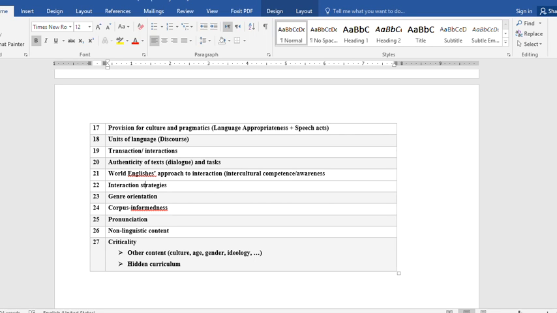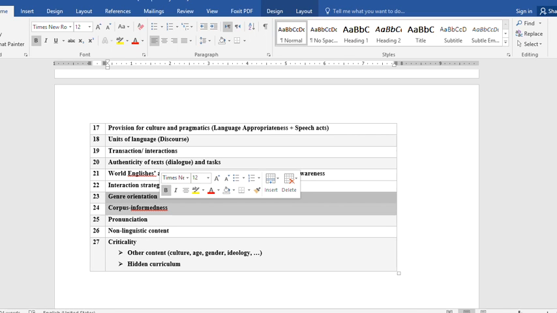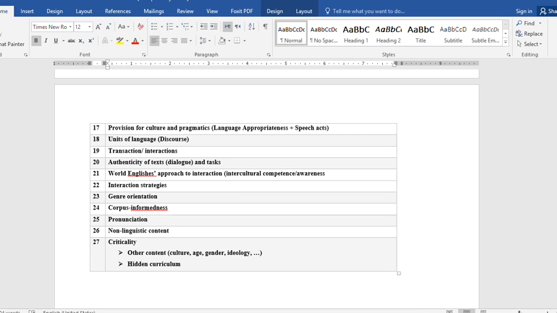Then the materials should be genre-oriented. Why genre-oriented or discourse-oriented or corpus-informedness? If you want to have authentic materials, if you want to improve the particular skills and ability of the students to use language for the particular purposes, they should be genre-oriented.